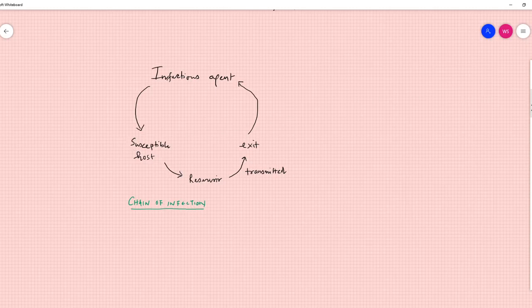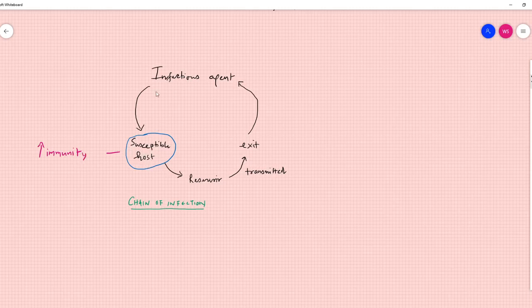We can have an intervention at the level of the susceptible host. By definition, a susceptible host is someone who can be infected. Now, if we increase the immunity, this host becomes less susceptible.